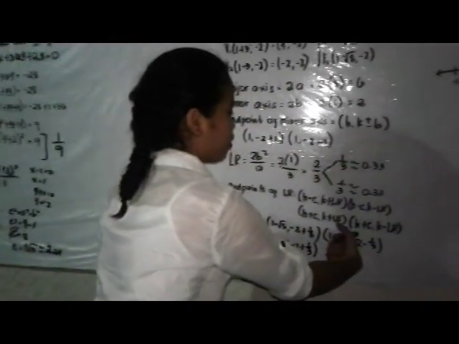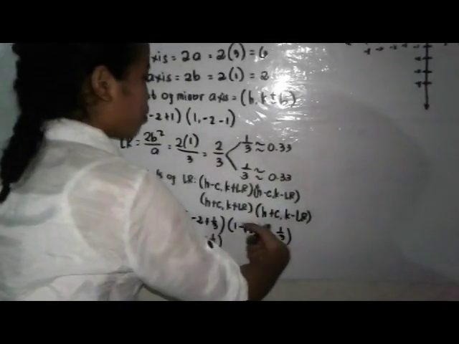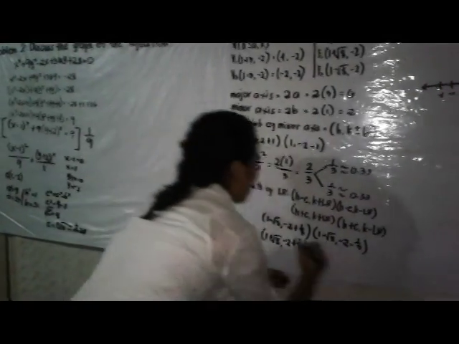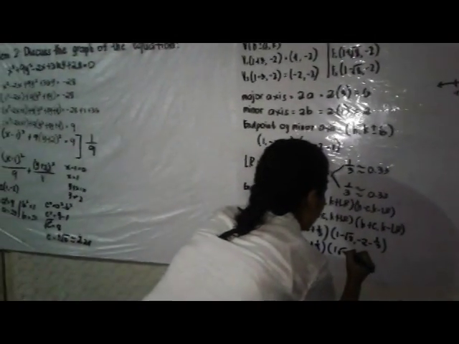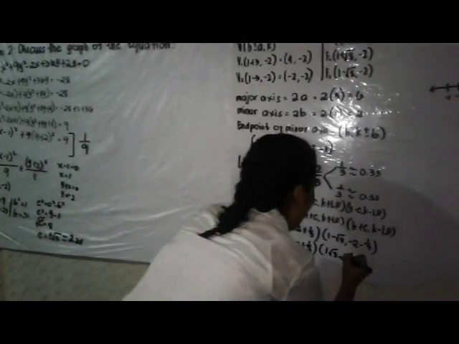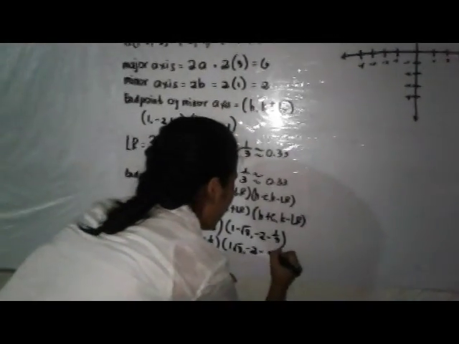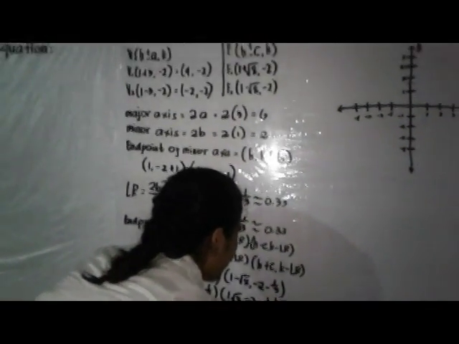Then the fourth one is this, so we have H, positive 1, and our C is square root of 8. Then our K is negative 2, and our LR is negative 1/3.